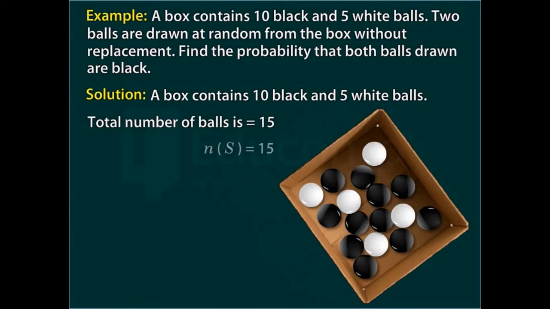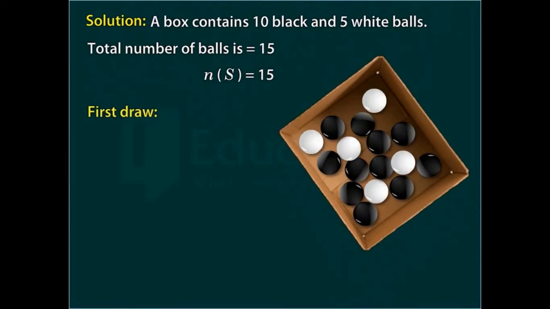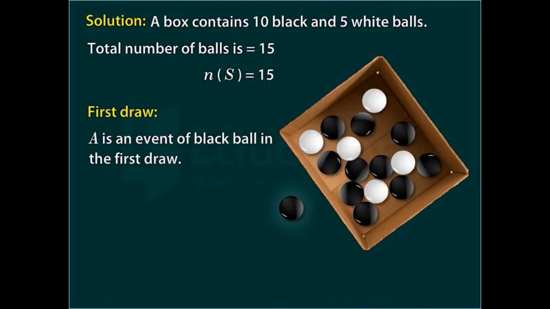This implies that n of S, the sample space, is 15. First draw. Let A be an event of black ball in the first draw. The probability of black ball will be P of A is 10 by 15 or 2 by 3.